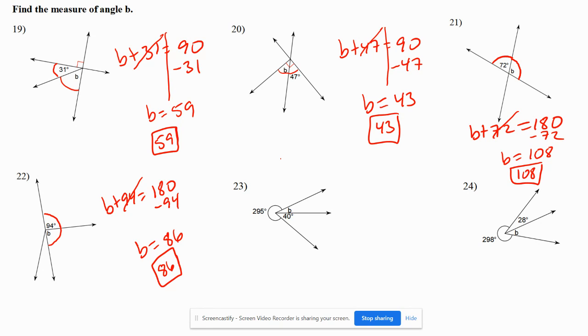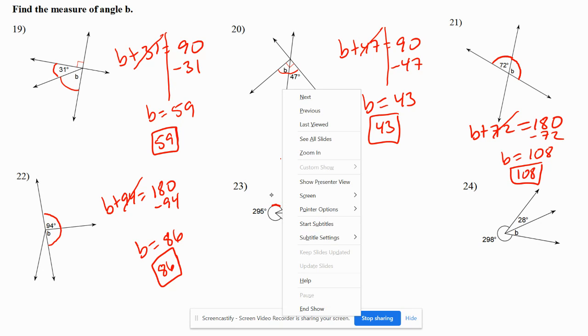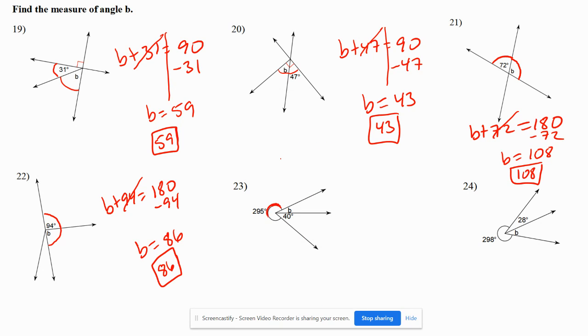Now looking at number 23, I have 295 degrees. This big arc is 295. If I add it to B and I add it to 40, so I'm saying 295 plus B plus 40, if I add everything, I see that it makes a whole circle. A whole circle is equal to 360. Now, on the left side of the equal sign, I can combine 295 plus 40.